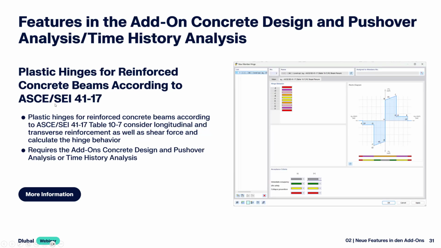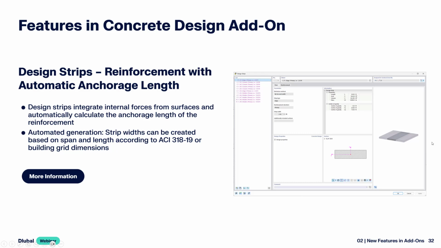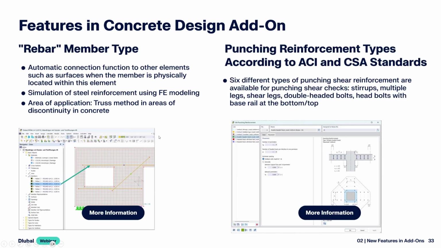So then, features in the add-on: concrete design and push-over analysis. The plastic hinges according to the American standards are now available. Then concrete design strips, design strips. That's also a feature for the American users.